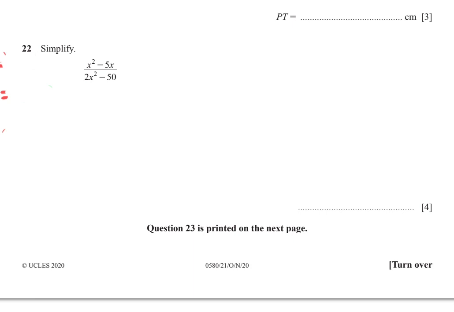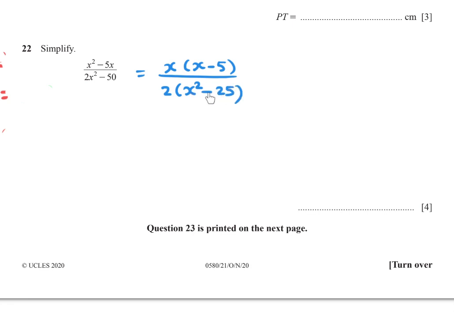22. Simplify x squared minus 5x over 2x squared minus 50. To simplify an algebraic fraction, factorize the numerator and the denominator. For the numerator, we have common factor x, so x times x minus 5. For the denominator, we have common factor 2, so 2 times x squared minus 25.